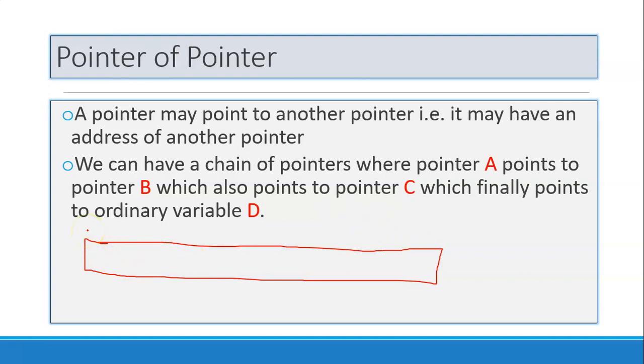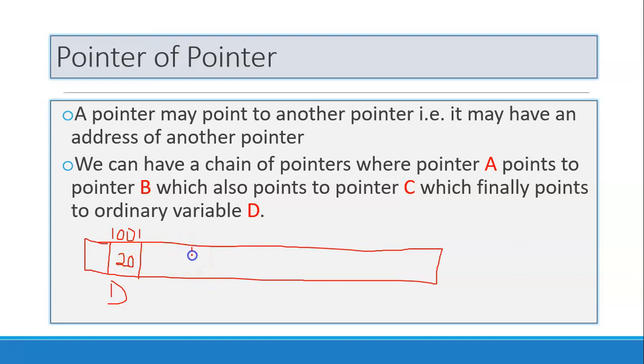Assuming that we have a normal variable called d, declared and stored somewhere here with address 1001, and we assume that this variable d has a value 20. So this is a normal variable.